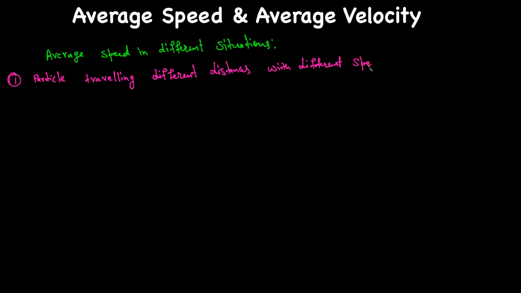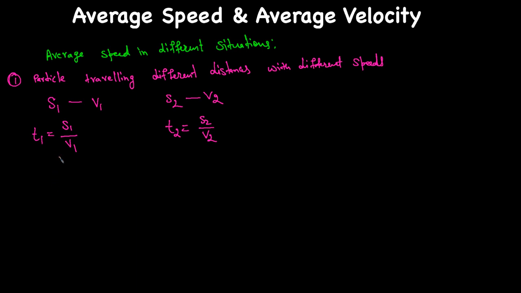Let's say the particle travels s1 distance with v1 speed, then it travels s2 distance with v2 speed. So what should be the time taken here? The time taken in the first interval is going to be distance over speed, t1 = s1 over v1, and the time taken to cover the second interval is t2, which is s2 over v2.